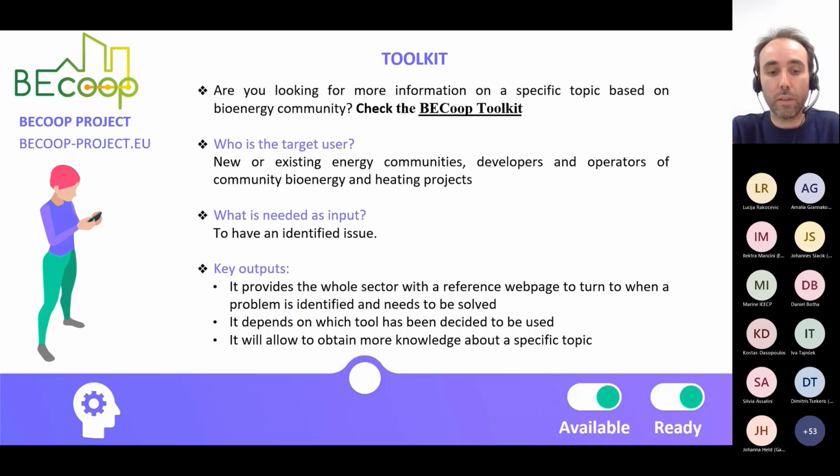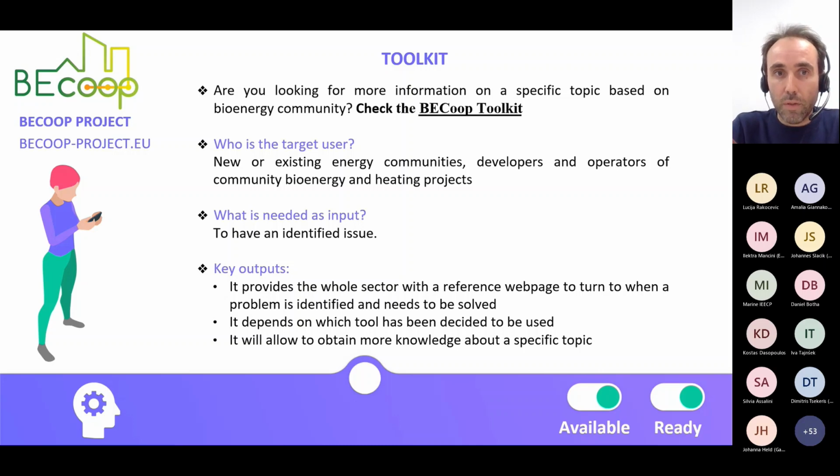So what is the toolkit? The toolkit is a repository, a reference web page in which we have included all the current and available tools that have been developed in other European projects or even by other organizations that provide specific and useful information about some specific topics related with bioenergy and community models.